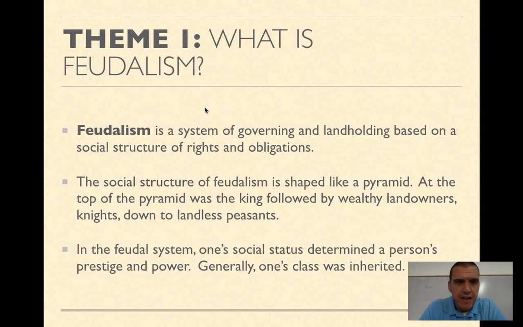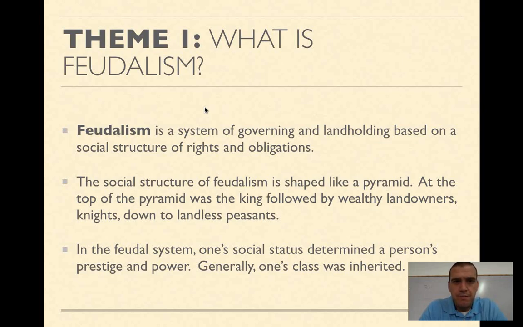And your book defines feudalism as a system of governing and landholding based on social structure of rights and obligations. So the key words in that definition, actually there's 3, are governing, landholding and social structure.